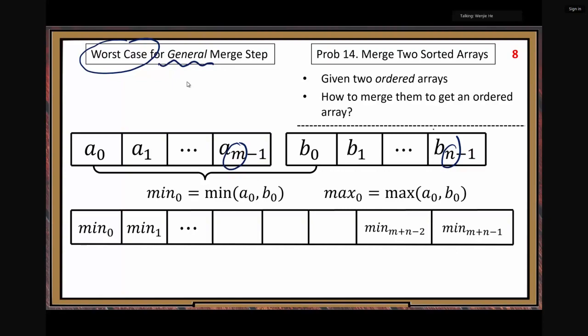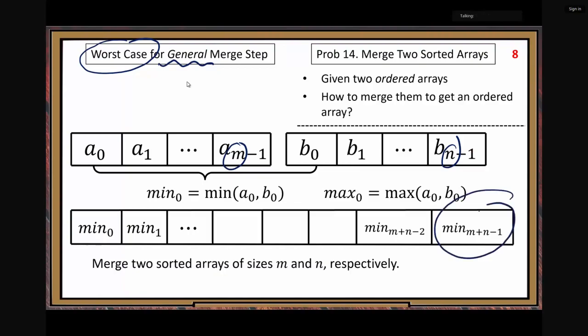So the total number of comparisons should be the sum of the number of elements in the two subarrays minus 1, because for the last position we do not need any comparison. So the answer is m plus n minus 1 for the merge step. That's the worst case.